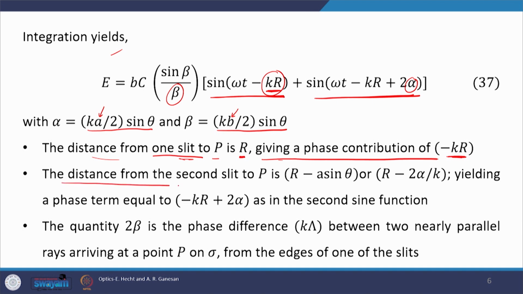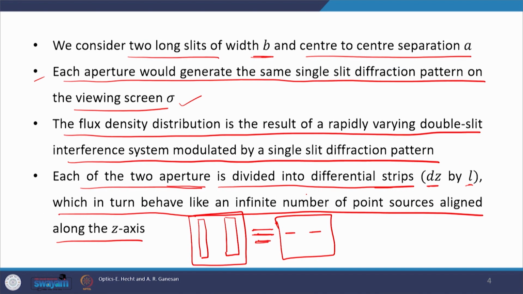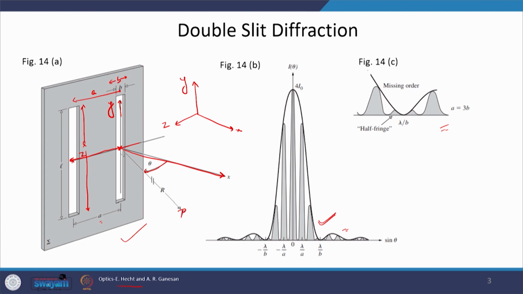The distance from the second slit to P is r minus a sin theta, which is very clear from this figure. This is the second slit and the point of observation P is here, and this would be r minus a sin theta. A is this distance, the center to center distance.